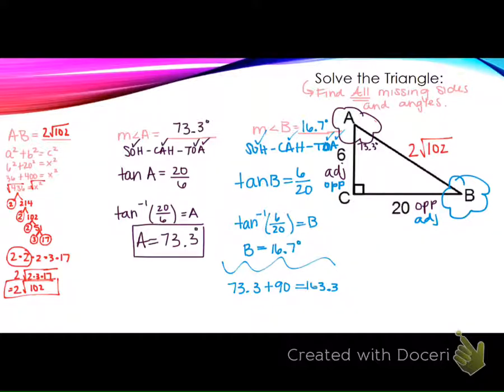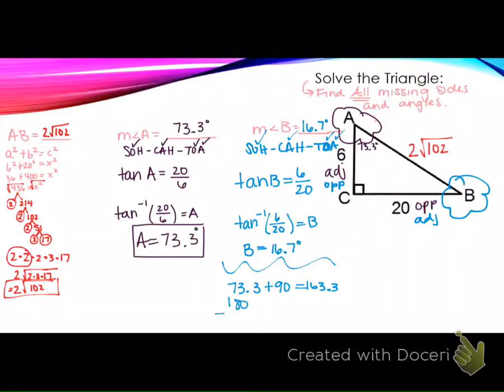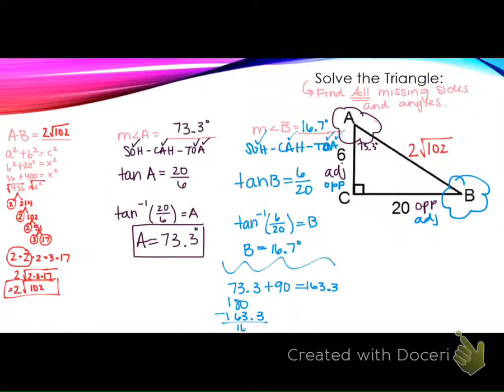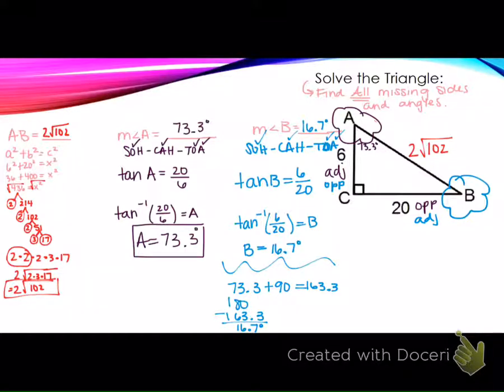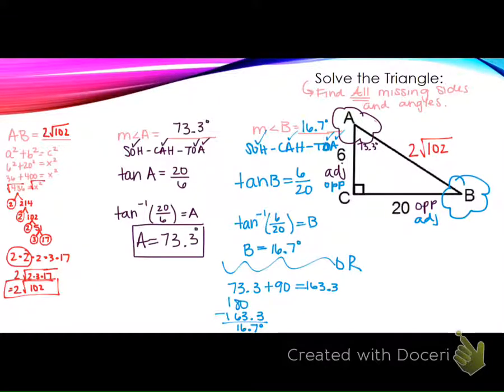So that's 163, right? Yeah. And then you subtracted that from 180 and you get the same thing, right? Doesn't matter which way you do it, as long as you get to the answer. Okay, so solving the triangle, find all missing sides, all missing angles. Questions there so far?